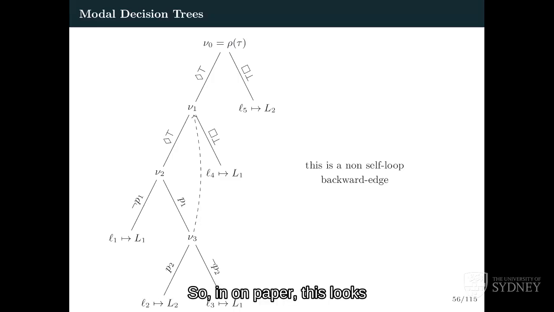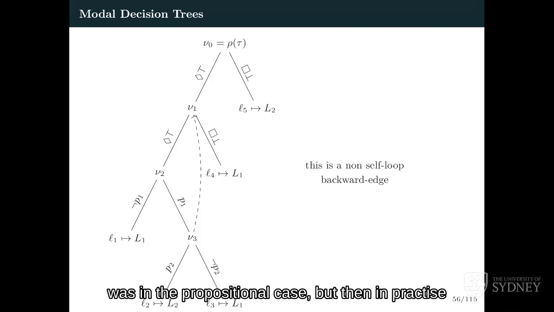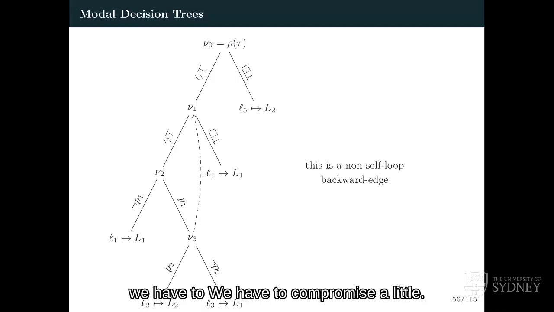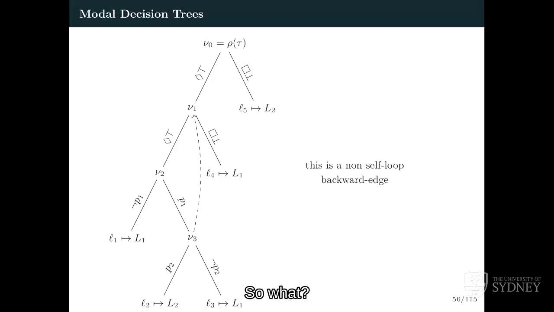So on paper, this looks just as easy or as hard as it was in the propositional case, but in practice, we have to compromise a little. So what is this very first part about? What do we mean by compromise?